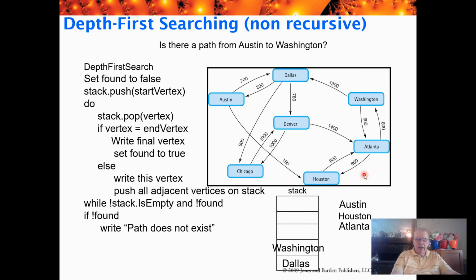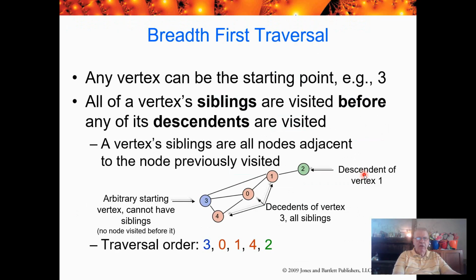So we don't push it a second time. So now we pop Washington, and we write it, and we set found to true because we found it. And so now we exit.